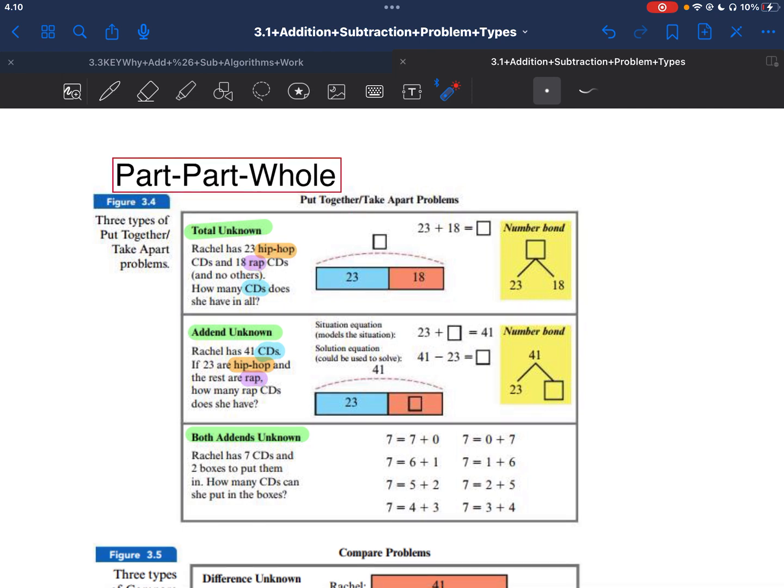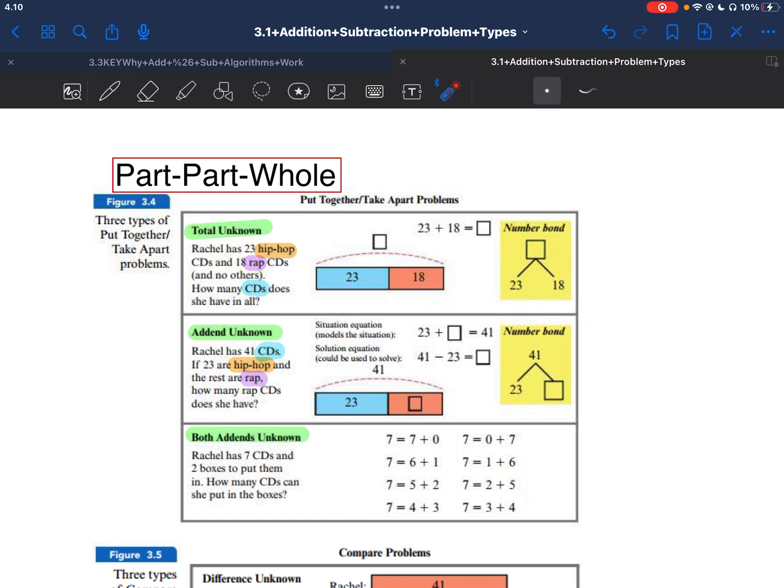We're saying that hip hop CDs and rap CDs are parts of a bigger set of CDs. So we're putting them together. That's why we call this a part whole. Notice the units: hip hop CDs and rap CDs are within the CDs category. That's why this one is labeled part whole, total unknown.